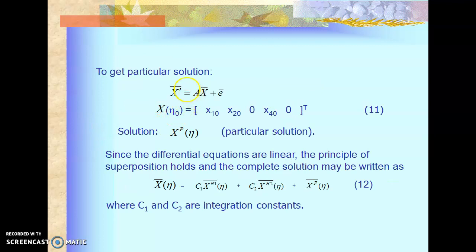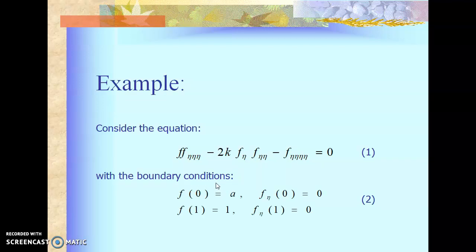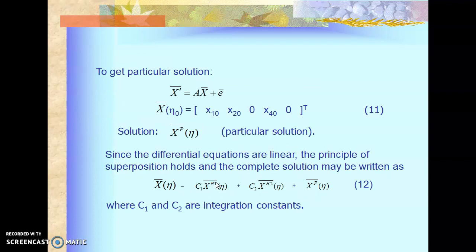By solving this, we will get the values of C1 and C2. So now we have the values of C1 and C2. Simply by substituting these values in equation 12, we will get our final required solution. So this is the procedure.